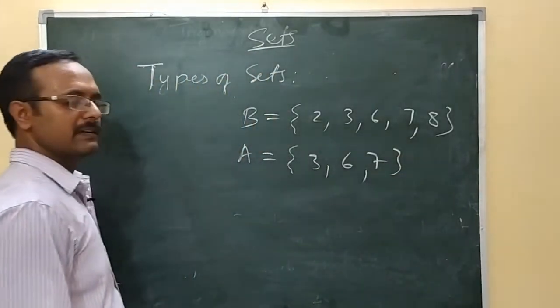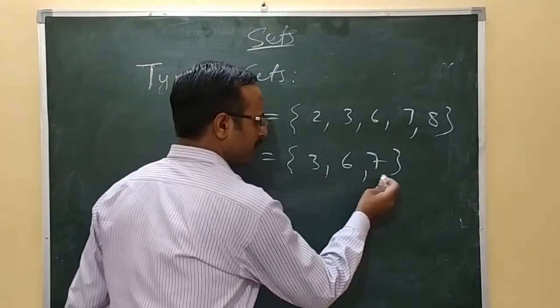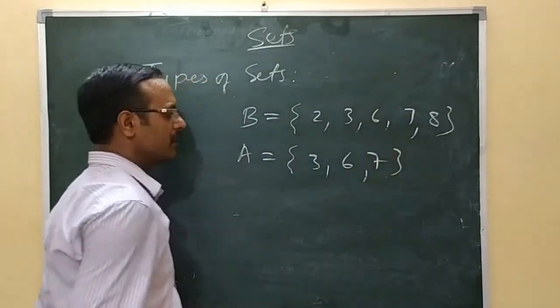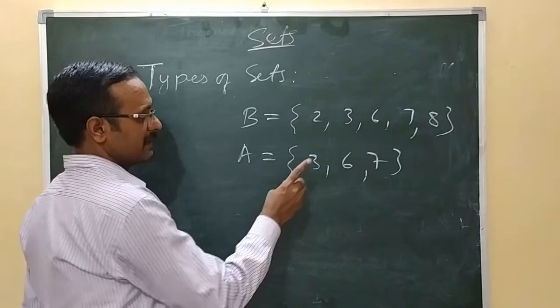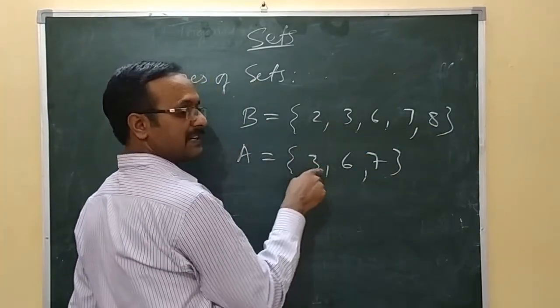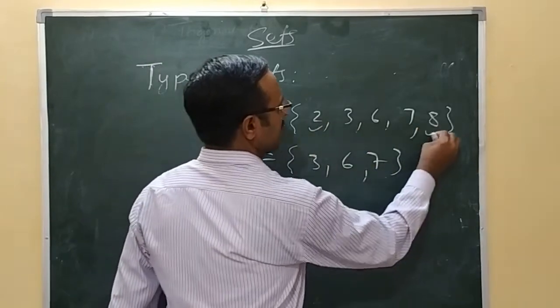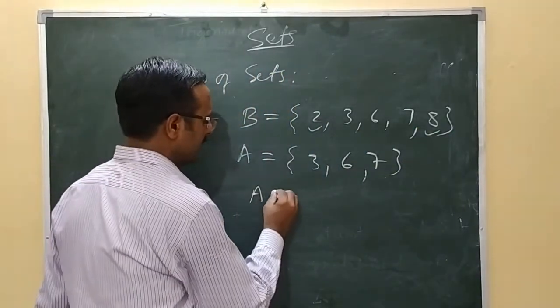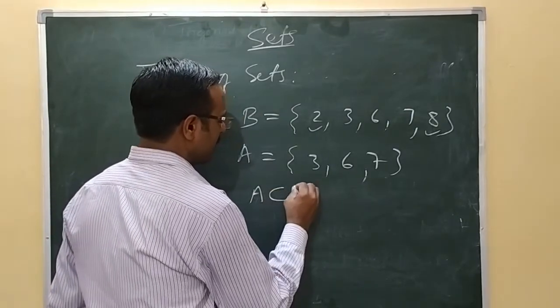Now you can see that all the elements of A are present in B: 3, 6, 7. But there is at least one element in B which is not present in A. So 2 and 8 are not present in A. So you can say that A is a proper subset of B.